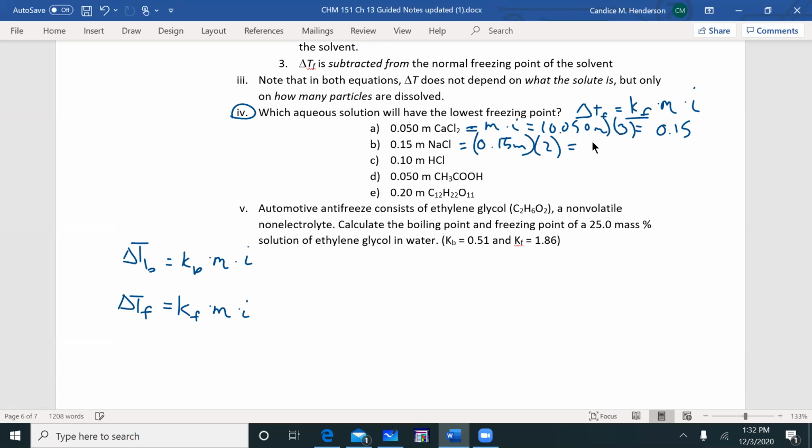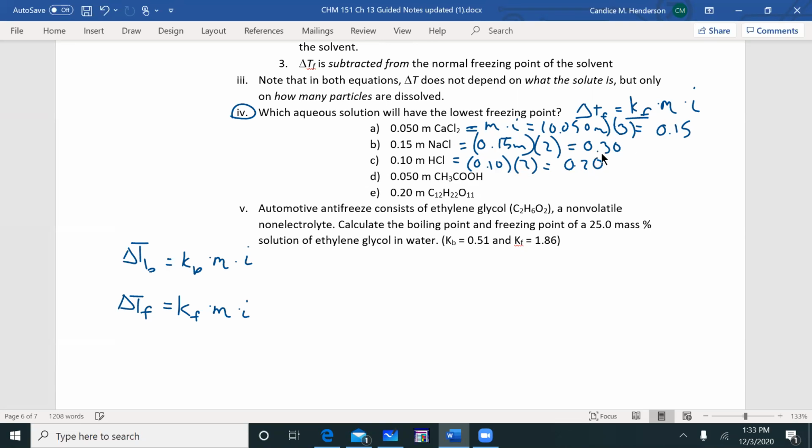So when I plug this in, I get 0.30. All right, what's going on with my hydrochloric acid? My molality is 0.10, and my i factor would be 2, right? 1 hydrogen and 1 chlorine, so 2. So this works out to 0.20.